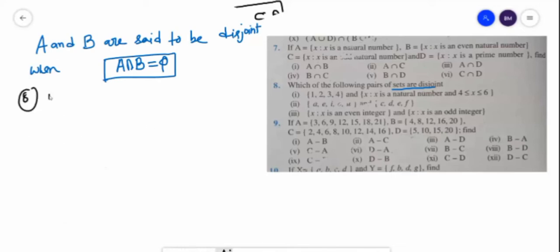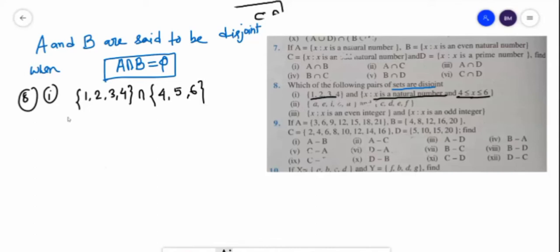Now 8, Roman 1. Check the two sets given. The first set is 1, 2, 3, 4, and the next set is x where x is a natural number such that 4 is less than or equal to x which is less than 6. So the first set is 1, 2, 3, 4, and the next set, the natural numbers which satisfy that condition, is 4, 5.